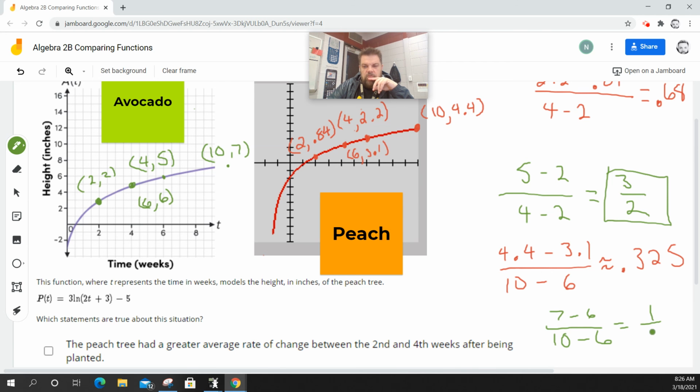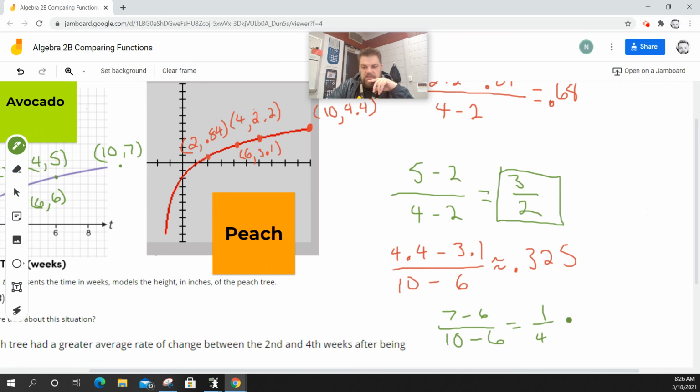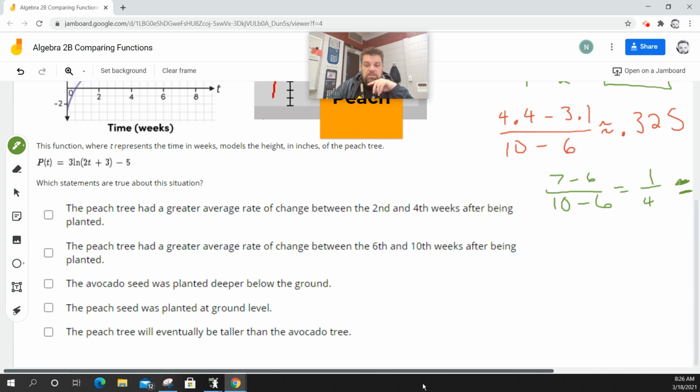So that will give me 1 over 4, and 1 over 4 is equal to 0.25, so that's true, right? That one works. The peach tree does have a greater increase, okay?